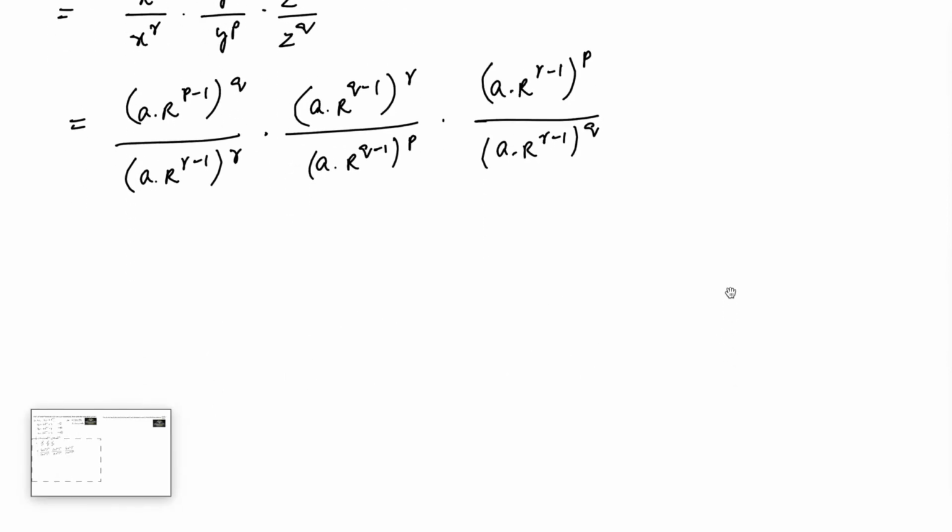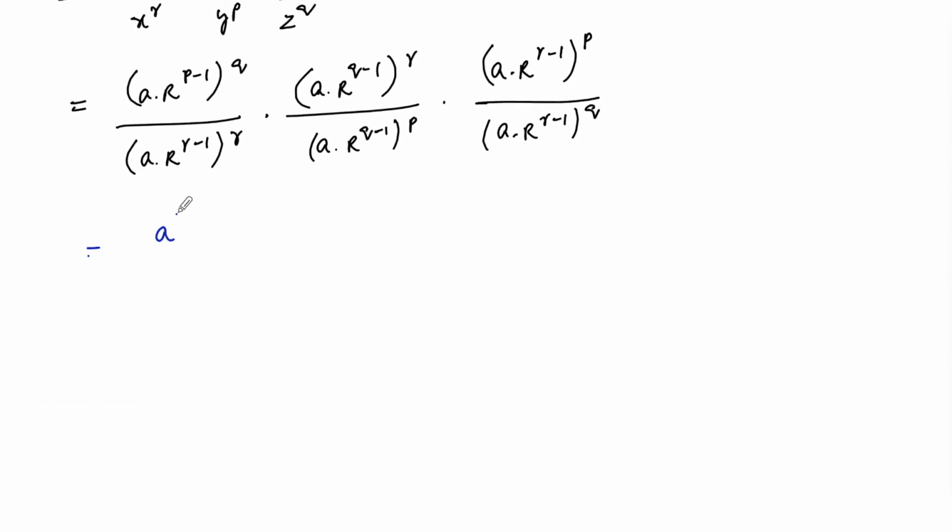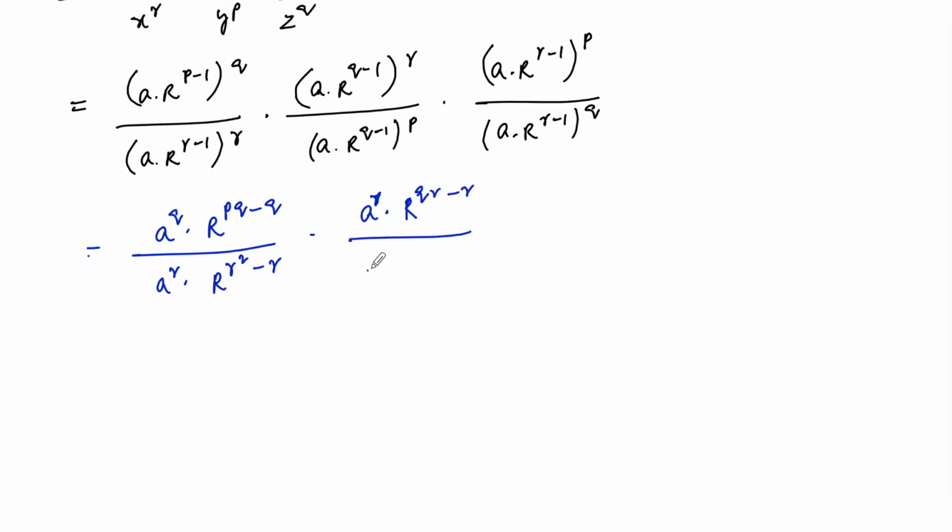So upon simplifying, we can write this as a power q into capital R to the power pq minus q, upon a to the power r into capital R to the power r square minus r, again into a to the power r into capital R to the power qr minus r, divided by a to the power p into r to the power pq minus p, into a to the power p into capital R to the power rp minus p, upon a to the power q into capital R to the power rq minus q.